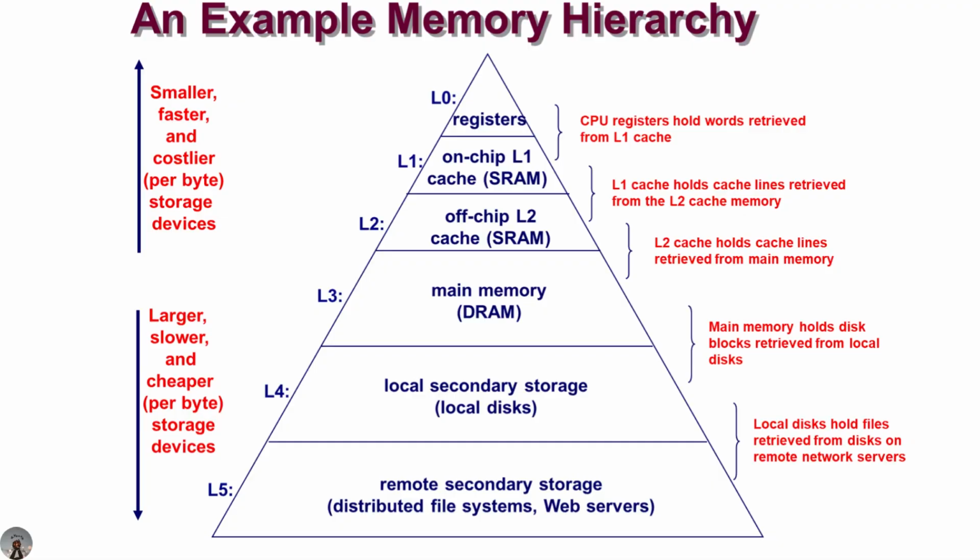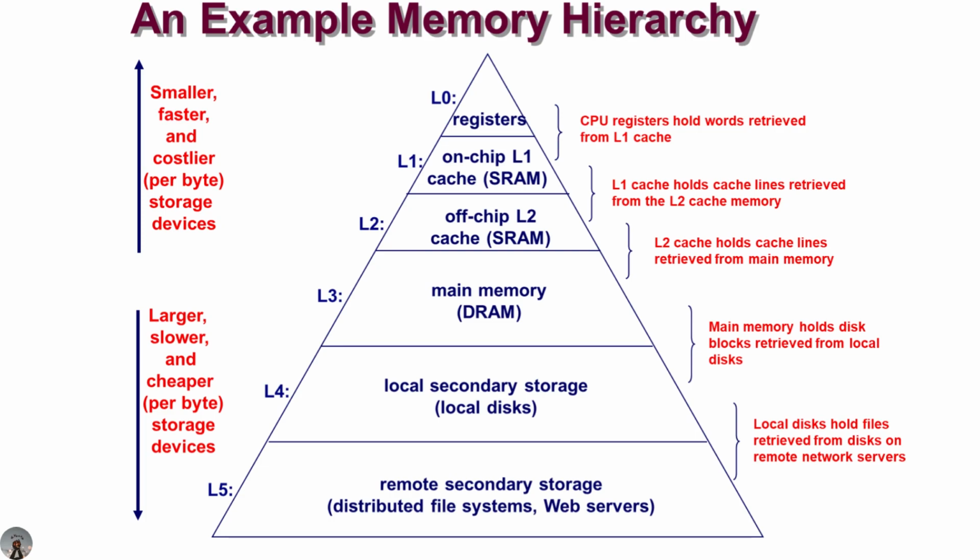Here is an example of the memory hierarchy. Here, L0 represents the CPU register, L1 and L2 represent the static random access memory, L3 represents the main memory, that is dynamic random access memory, and L4 and L5 represent local secondary storage and remote secondary storage, that is local disk, web server, distributed file system.